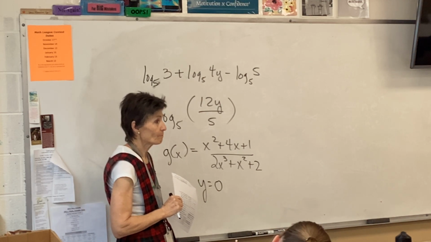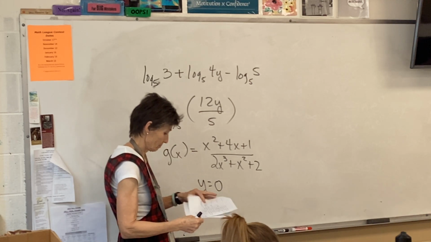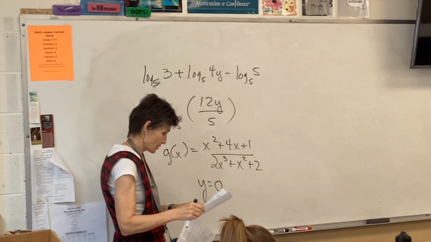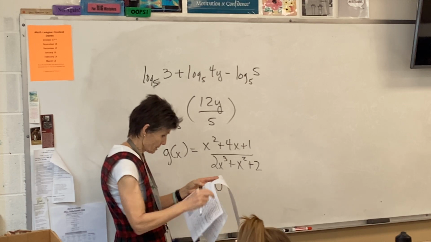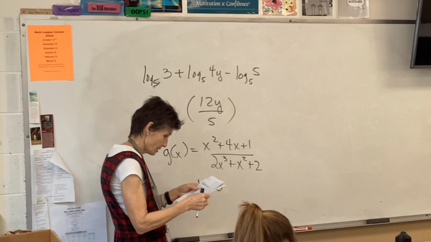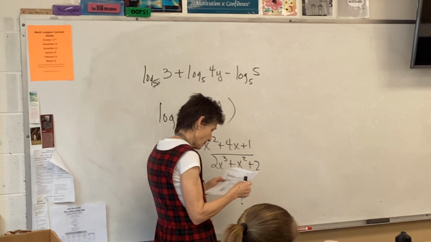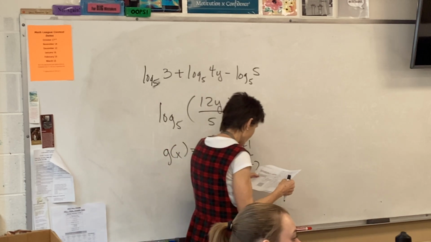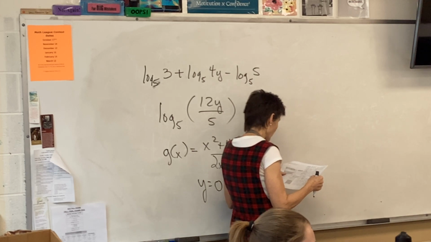Okay, what else? On the review, 2.6, number 1. Identify A and B as linear, quadratic, or exponential using a scatter plot.